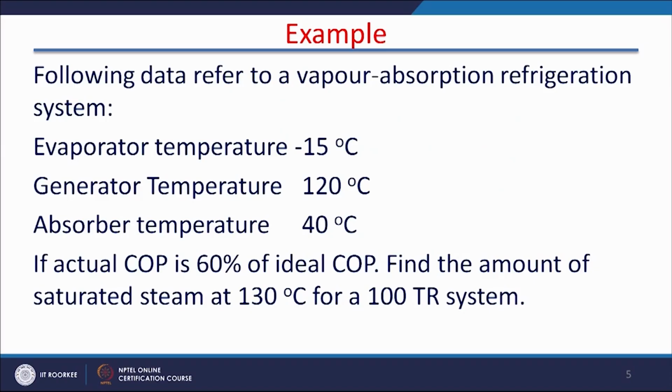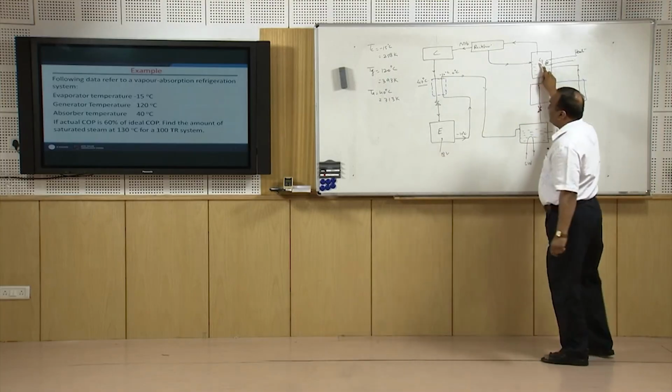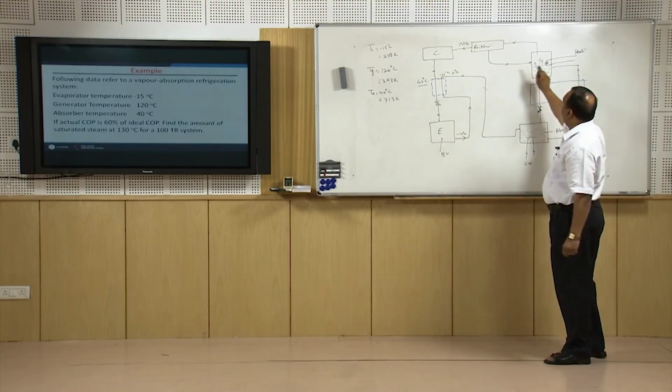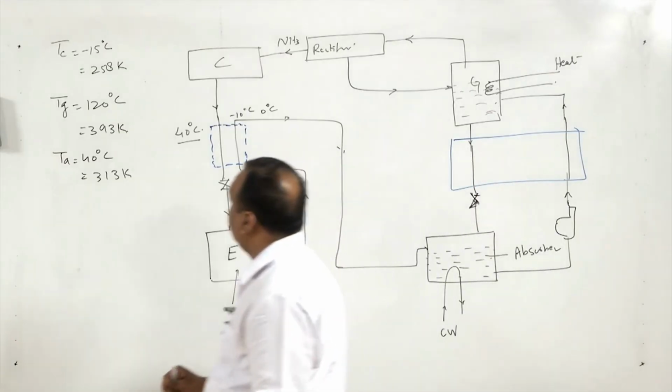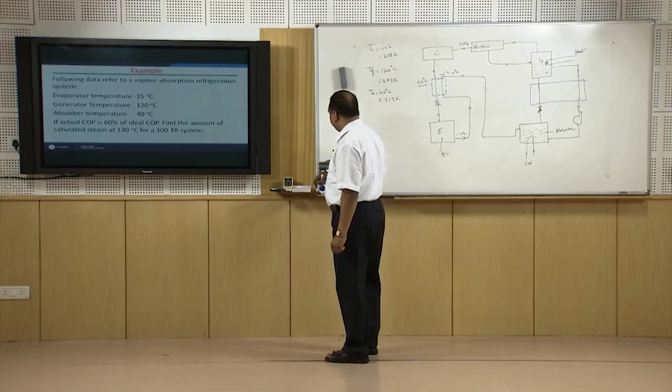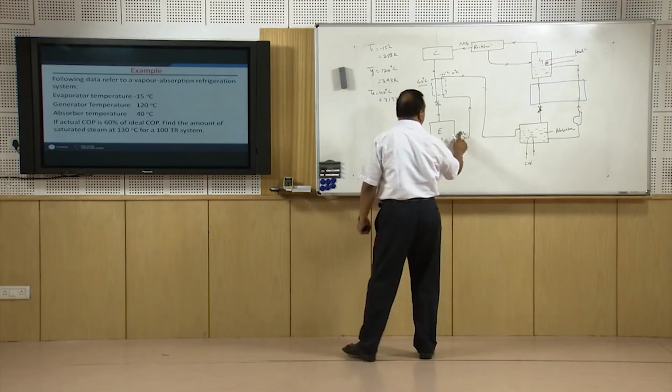In this ammonia type of system, the heating temperature in the generator is 120 degrees centigrade, and the evaporator temperature is minus 15 degrees centigrade.